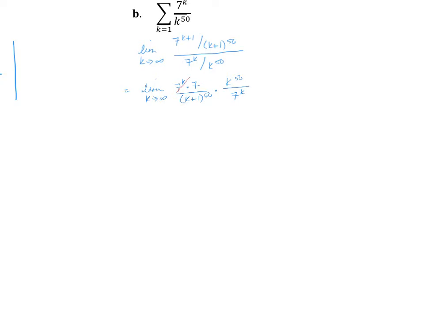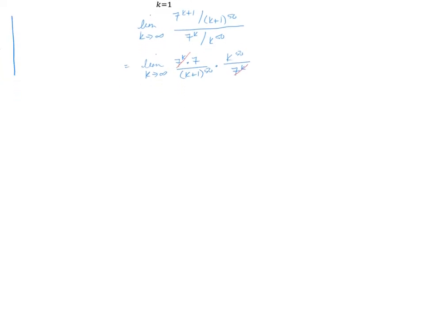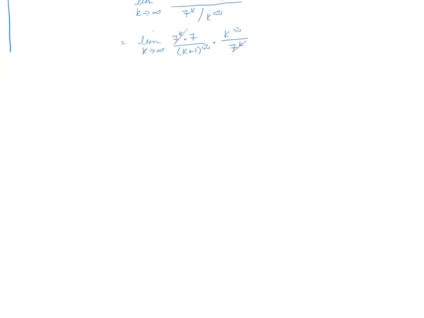So notice that the 7 to the k cancels in the numerator and denominator. Now if I were to evaluate this limit as k goes to infinity, I have infinity over infinity, which is an indeterminate form. I don't really want to do L'Hopital's because look at the exponent 50, that's crazy. It's not really going to help me in any way, or maybe it will. Maybe I could do L'Hopital's and something will cancel.